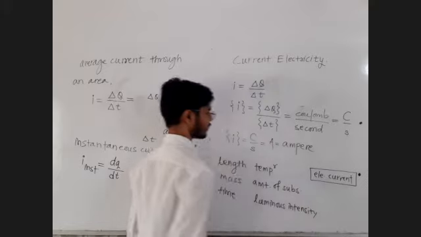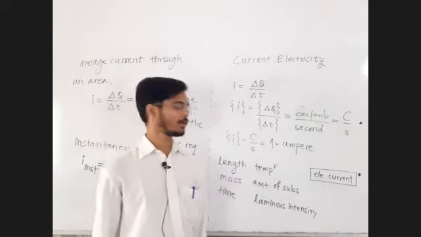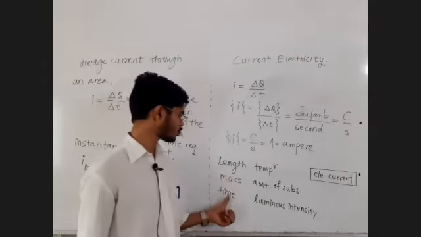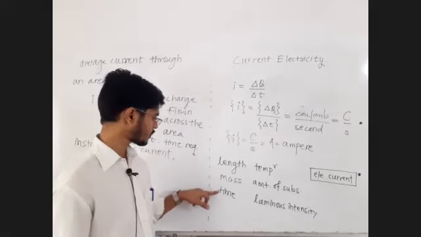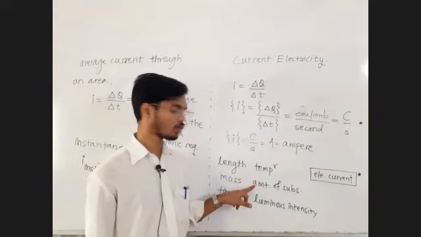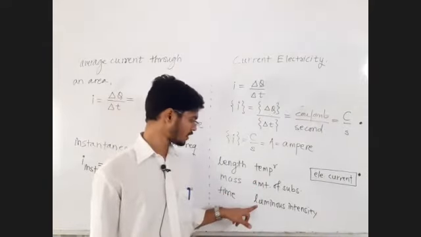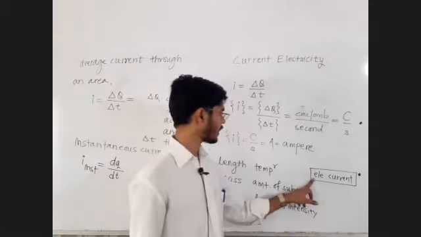Electric current is one of the 7 fundamental quantities. And ampere is one of the 7 fundamental units. Which are the 7 fundamental units? Length is meter, mass kg, time second, temperature Kelvin, amount of substance mole, luminous intensity candela, CD, and electric current ampere.